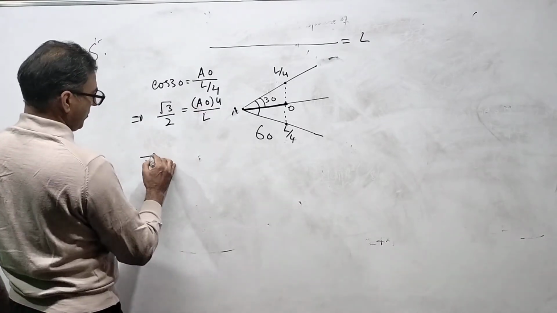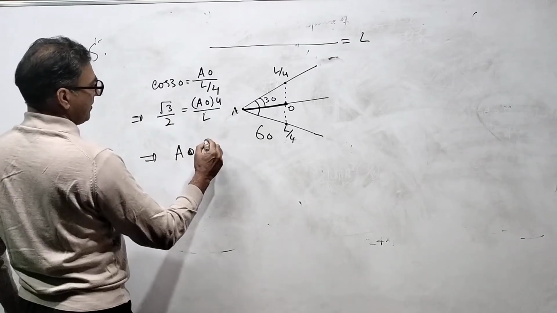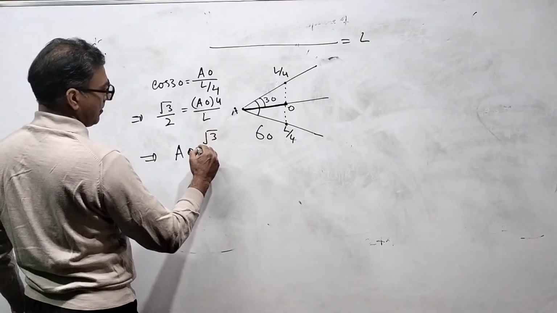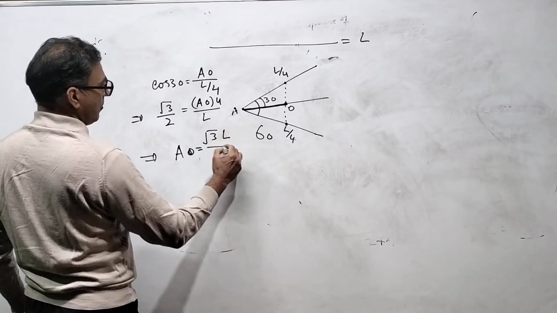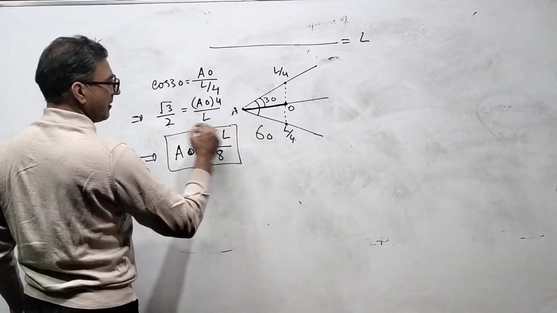What is AO? AO is √3L divided by 8. Yes, this is the answer.